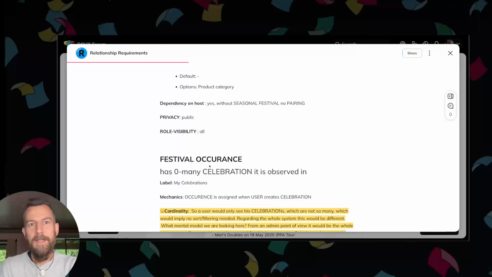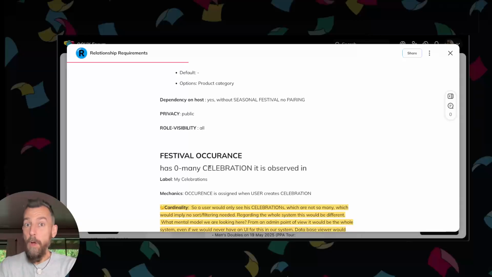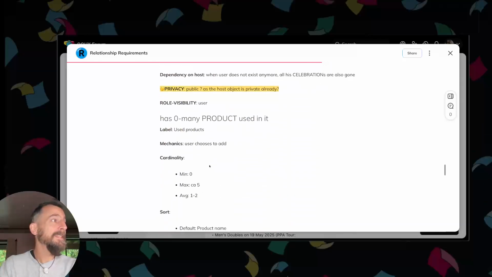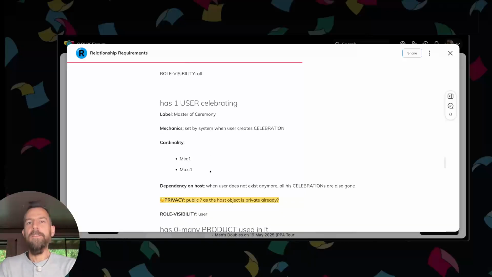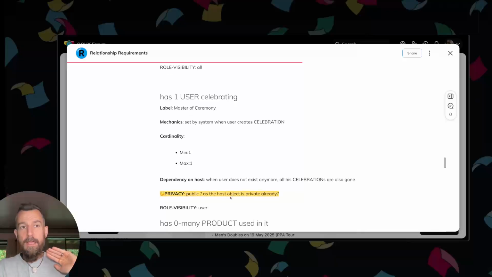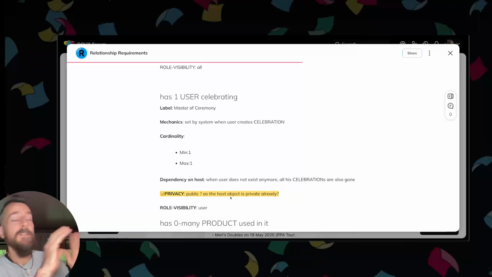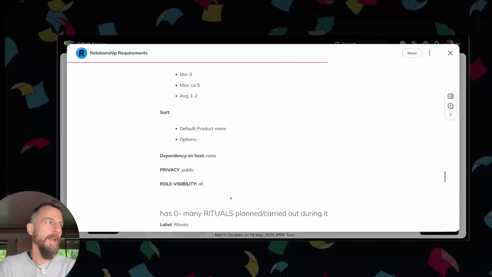This is what happens when sometimes assignments are disconnected. What I would do now is go back to the object guide for festival occurrence to see what this was, and then see if it makes sense at all for user to even have a public option. So regardless, I think you're right here. Just don't get too hung up on this idea of chaining privacy and permissions. Just try to be as clear as possible. This is documentation, so be as clear as possible with whomever is going to read it, so that it doesn't require your voiceover to understand what to do. That's essentially what I would do here.